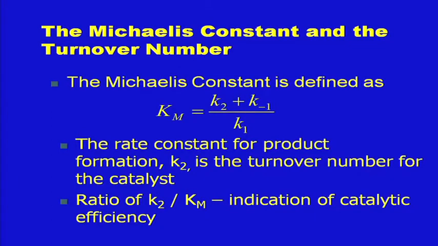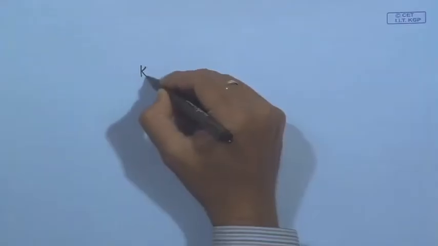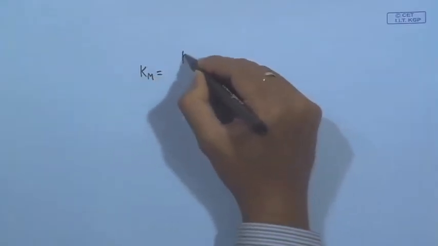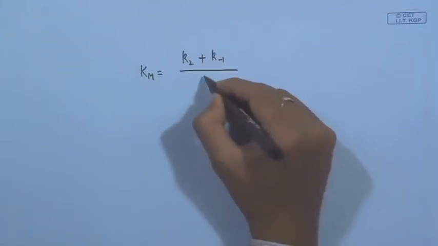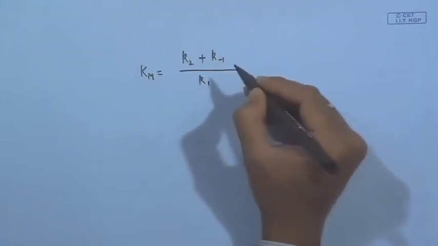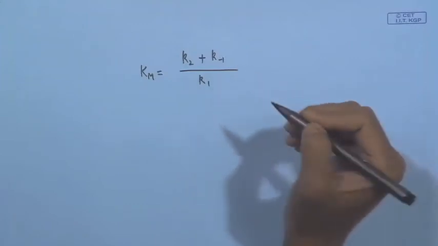So, the Michaelis constant, what is this Michaelis constant? Michaelis constant is defined as Km equal to (K2 plus K minus 1) by K1. Okay.